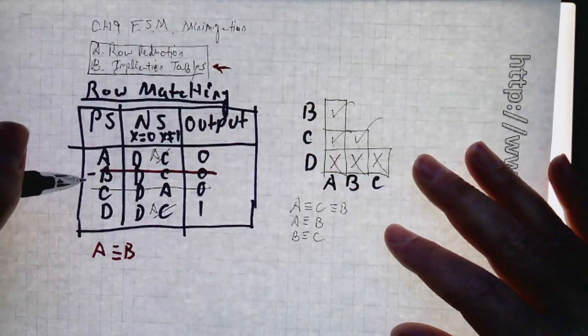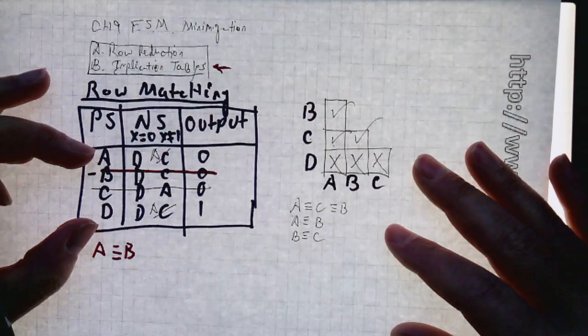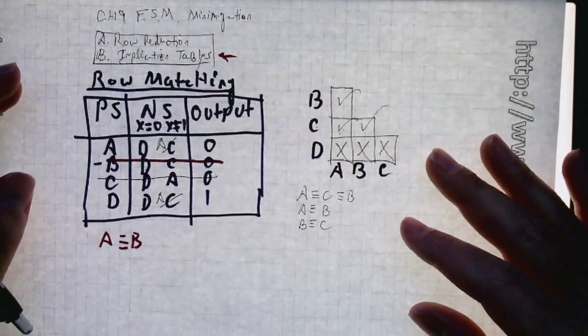Now we're down to just two different states for this entire system, which is kind of cool. And that is a real nice simplification.